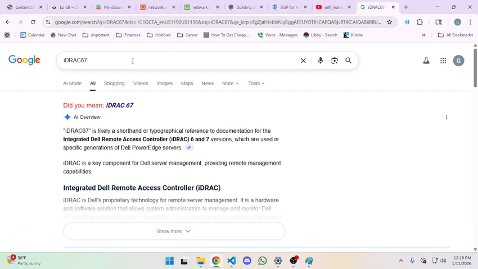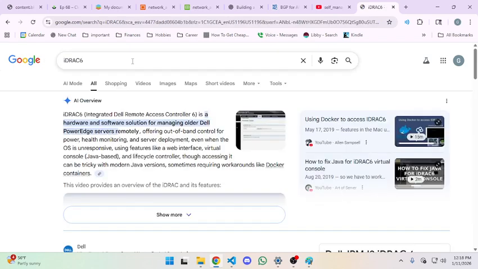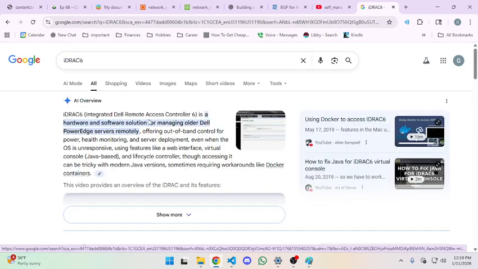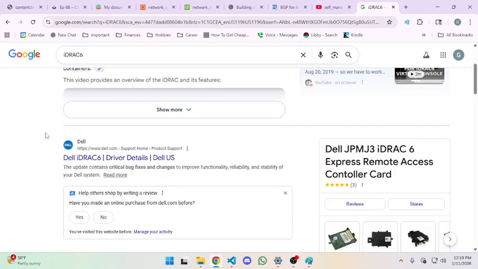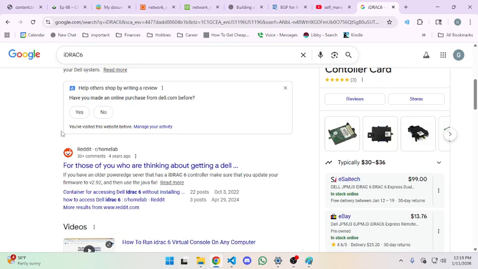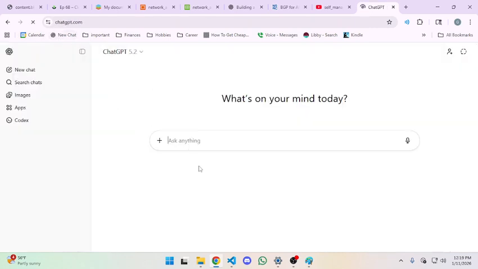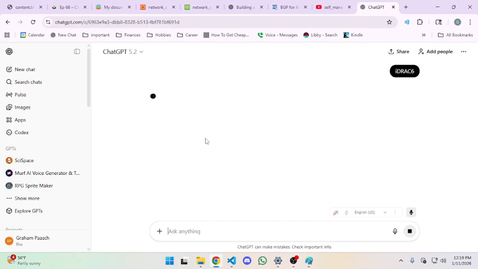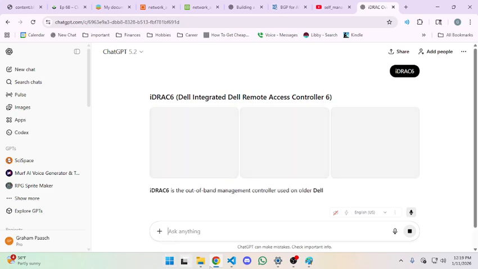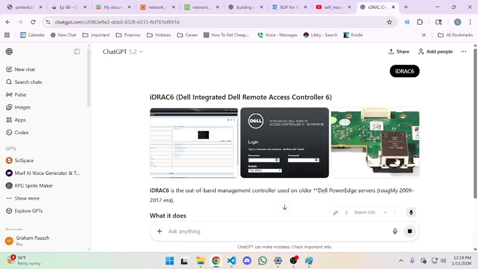iDRAC6. Oops, that's, yeah. So it's an integrated Dell remote access controller. Let's go to the AI quick. So we'll just type in iDRAC6, see what it says. It's thinking. So yeah. Now we can get some pictures of it. So yeah, here it is.